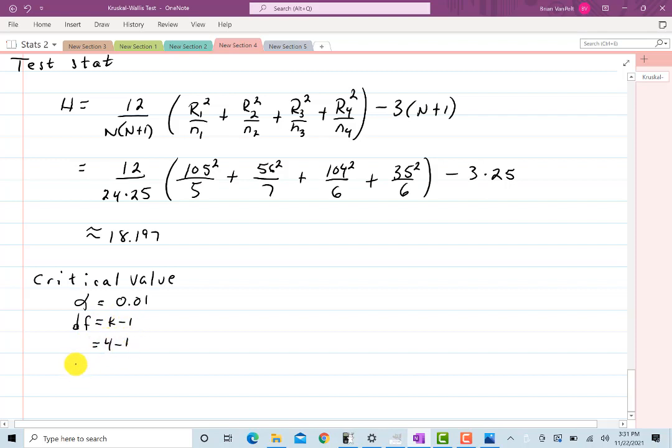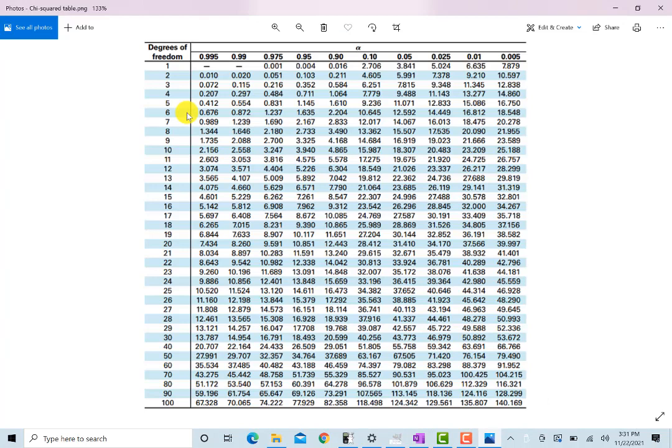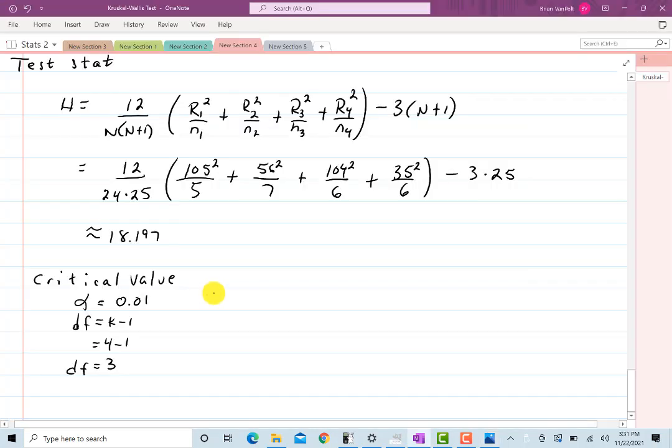That's 4 minus 1, so our degrees of freedom is equal to 3. And let's go ahead and pull up the chi-squared table. So I have degrees of freedom 3, and my alpha is 0.01. That is 11.345.